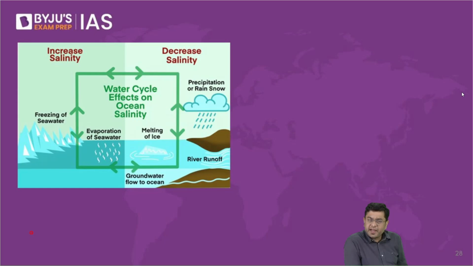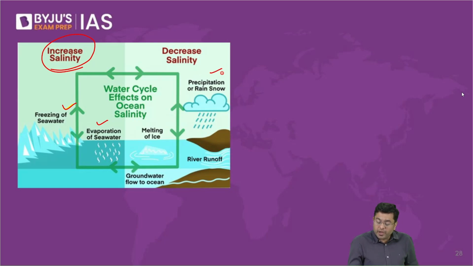This is the chart which depicts that for easy memorization and easy revision as well. Here you will see that freezing of seawater and evaporation of seawater all increase the salinity, because all of these lead to the removal of water molecules from the sample.